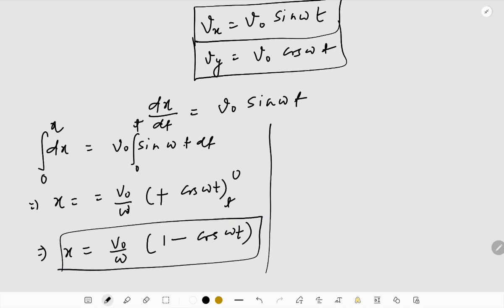And I can also get the value of y in terms of time by putting dy by dt, that is dy equal to V0 cos omega t dt.